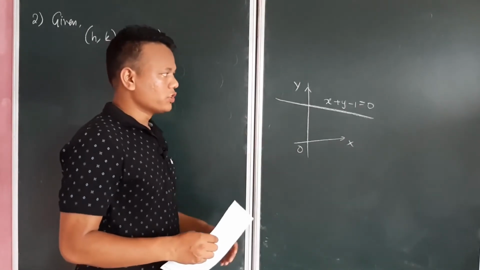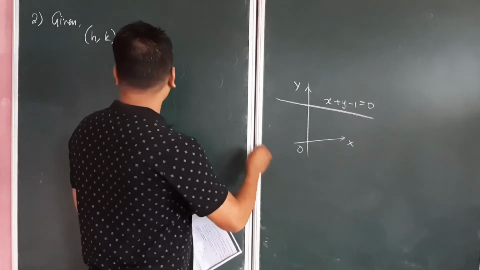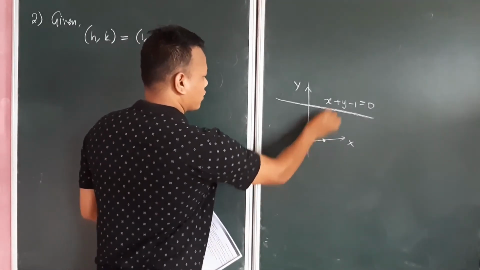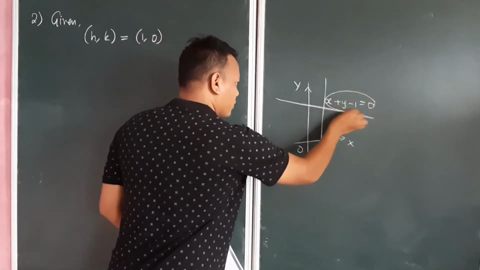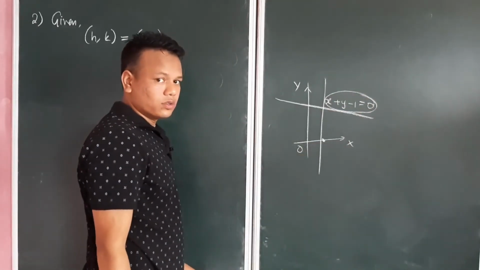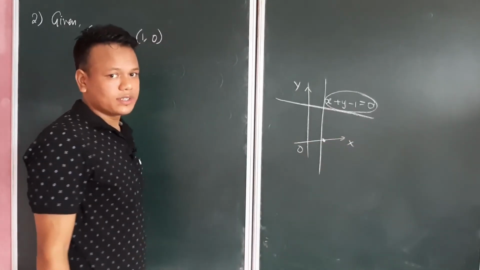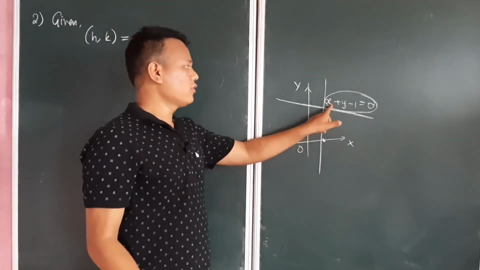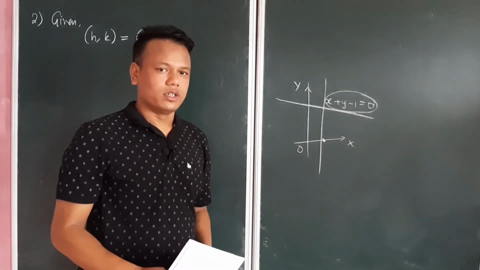Now according to the question, if my origin is shifted to (1, 0), which lies somewhere over here, then what will be this equation in terms of this new coordinate system? That's what the question is asking. So basically, instead of x y, we should have x dash and y dash. That's all we need to do here.